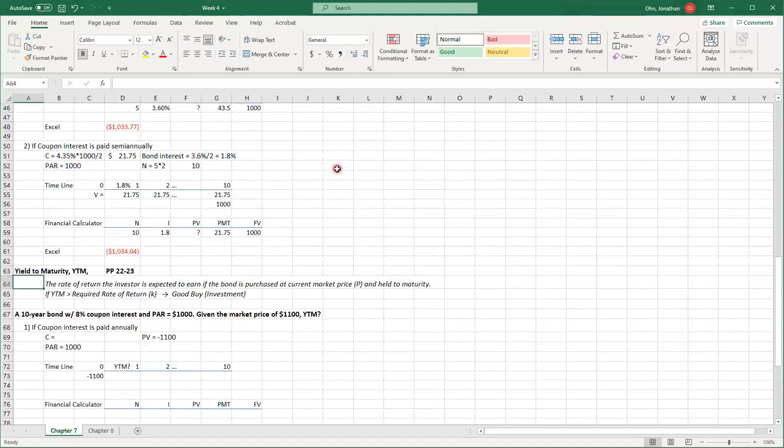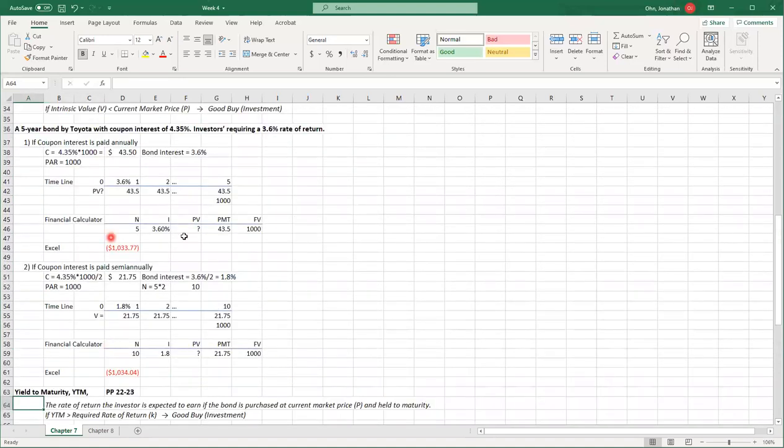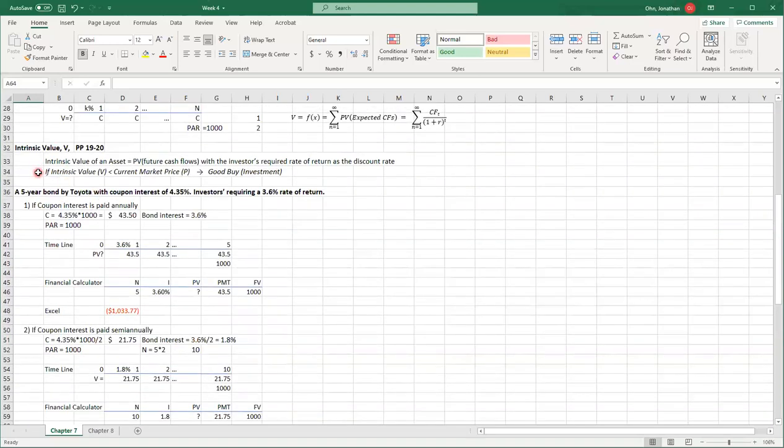By the way, we calculated the intrinsic value, right? That's one part here. I'd like to mention this: if the intrinsic value, the value that we calculated, is... I think you have to change this one here.